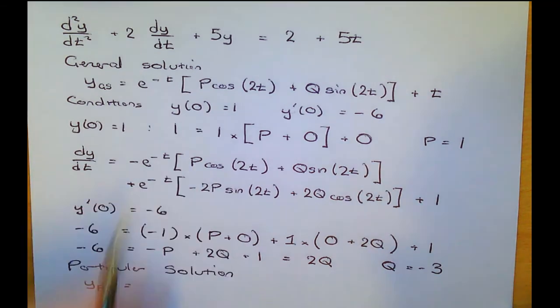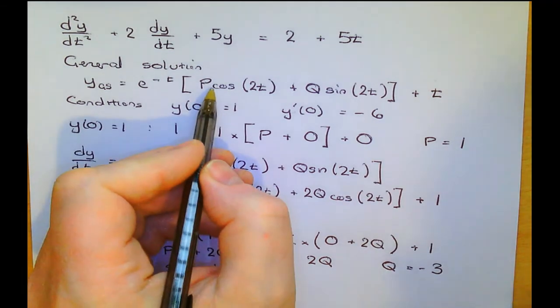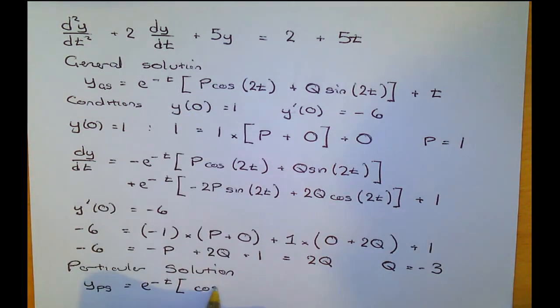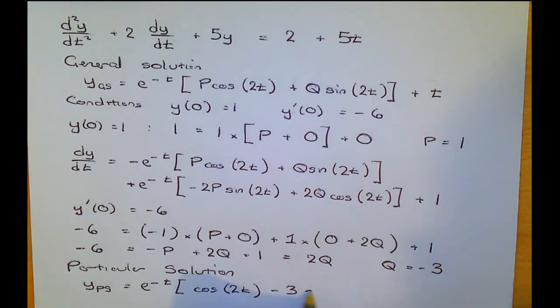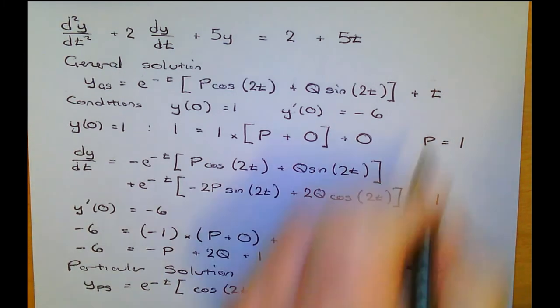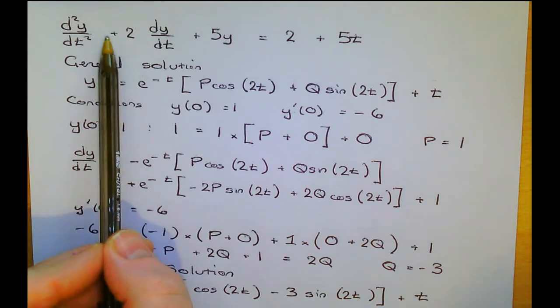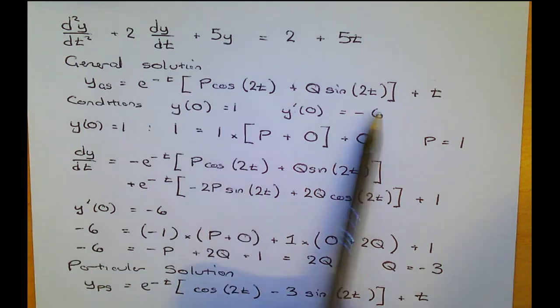So we get here e to the minus t, 1 times cos of 2t, plus q, which is minus 3, times the sine of 2t, plus t. So this satisfies the original equation, and it satisfies the two conditions.